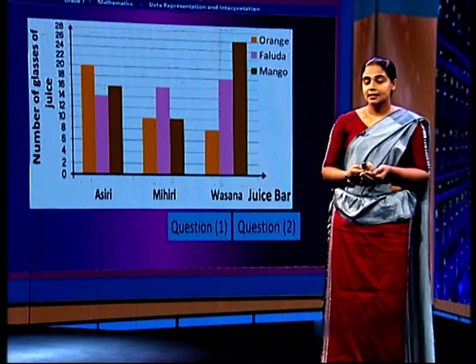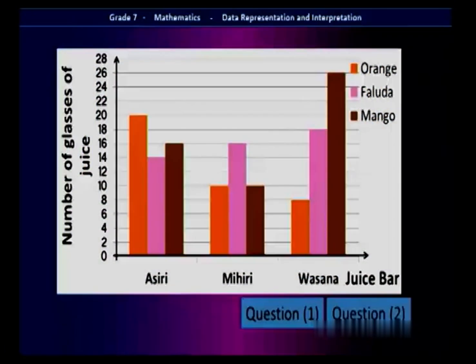Read it. It is 20. Then number of Faluda juice glasses, it is 14. Then for mangoes, what is the number of glasses? It is 16. Now I know all of you can read the bar graph.